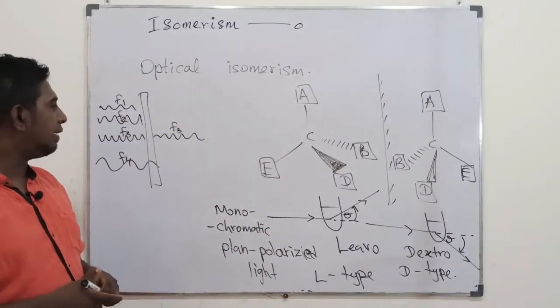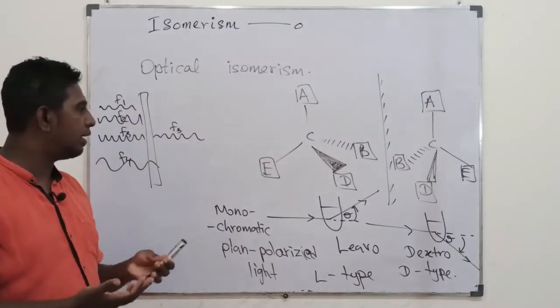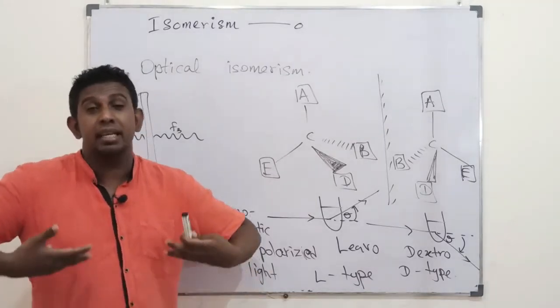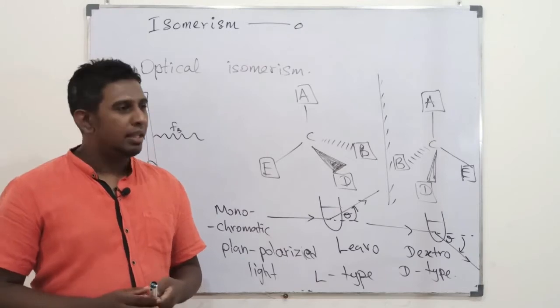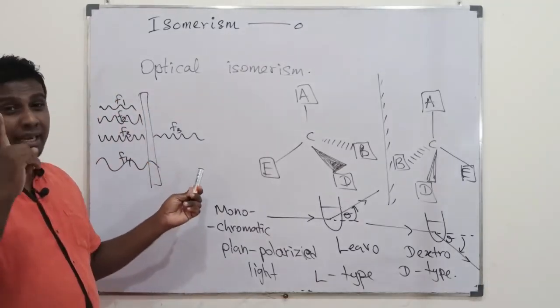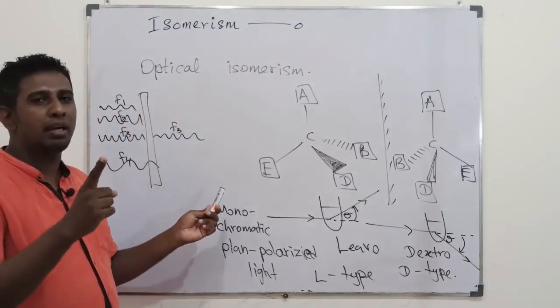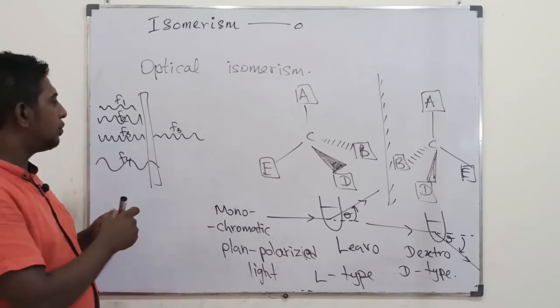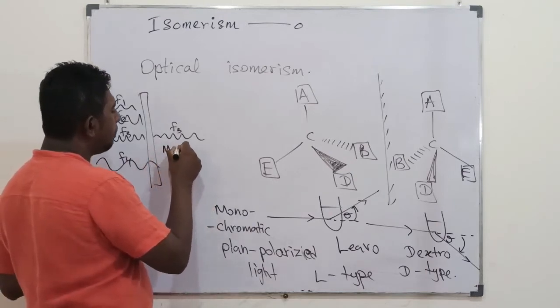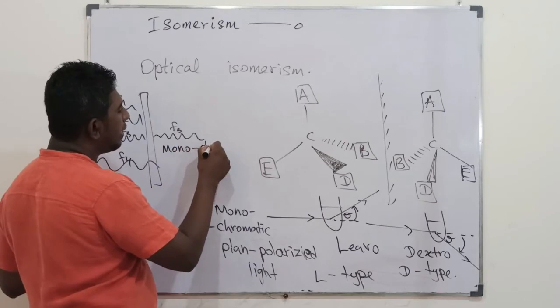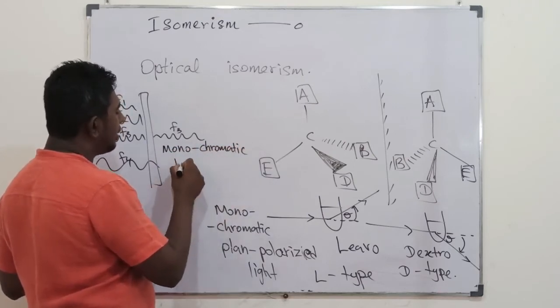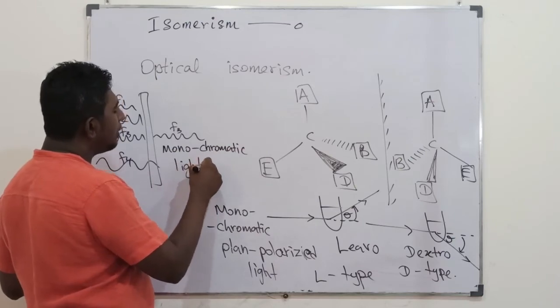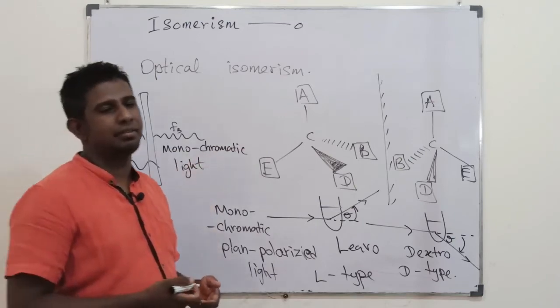If you filter one type only out of those, it would appear in one color. So one color is chroma, and mono is one. So it is monochromatic. That is the way you could get monochromatic light.